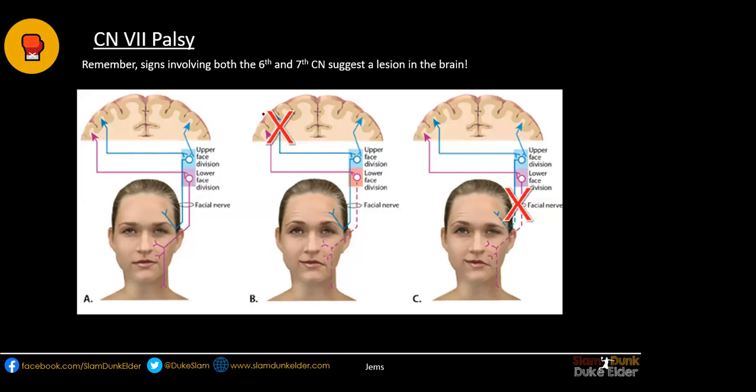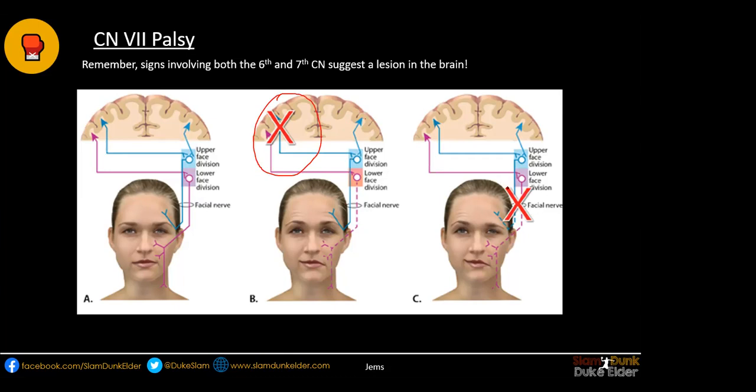So if you've got an upper motor neuron lesion or you have a stroke here, you will get innervation to the upper muscles from the other side of the brain. So you'll still be able to wrinkle your forehead. You'll still have supply to frontalis, so you can still wiggle your eyebrows.